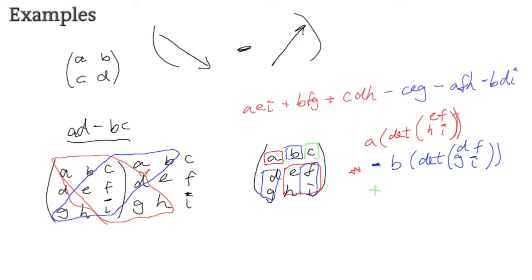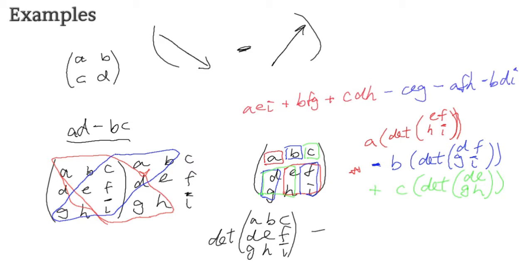So I've got C and D, E, G, H. So we add C times the determinant of D, E, G, H. We've got these three terms, we sum them up and we get the determinant. So the determinant of A, B, C, D, E, F, G, H, I is equal to this whole thing.